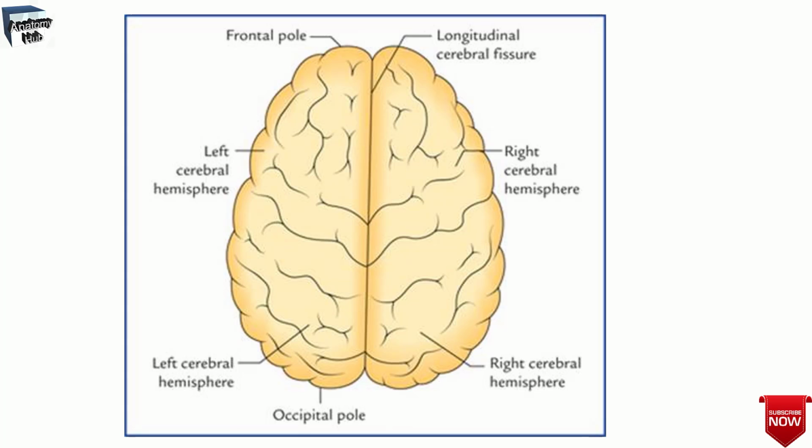This cerebral cortex is the most highly developed area of the brain, and it is responsible for higher brain functions such as thinking, planning and decision making that we have already discussed. So here we will focus only on the gyrus or the gyri.